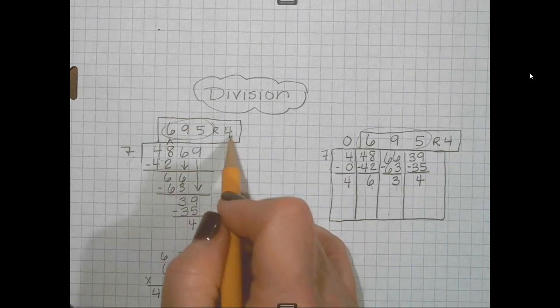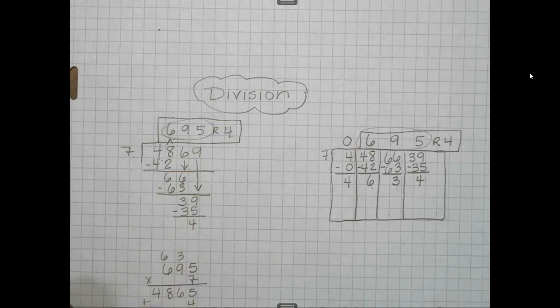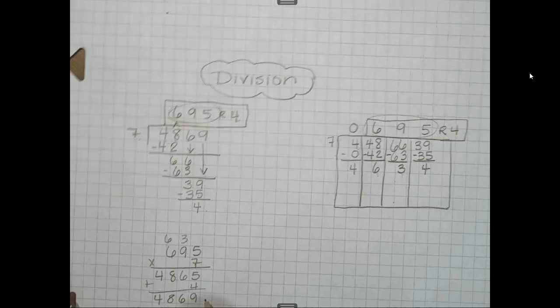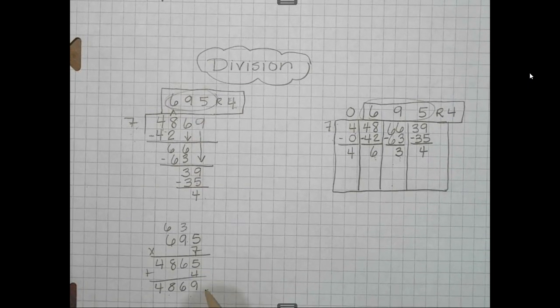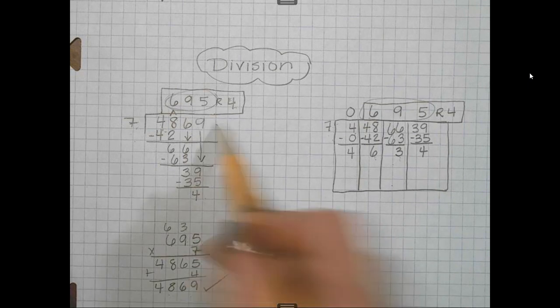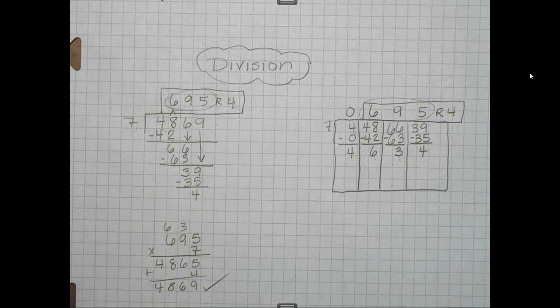And then we add the remainder. So I get 4,869. If what I get is the dividend, which it is, then I know the problem's correct.